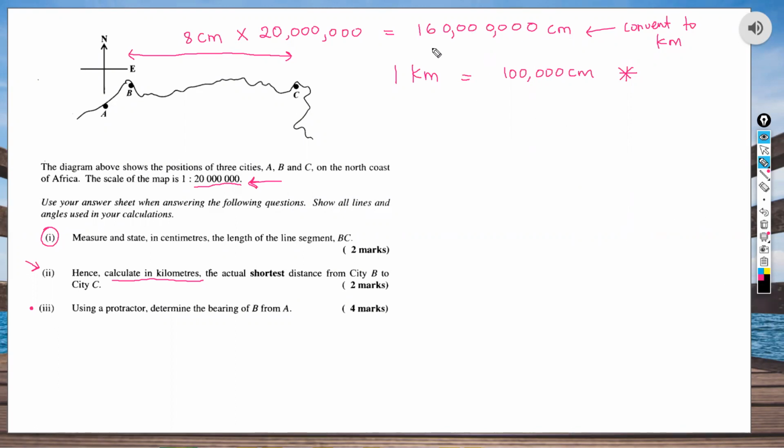We have to divide by 100,000. And when we do that, our answer will automatically come out in kilometers. So we divide, we have 3 zeros here, 3 zeros here, 2 zeros here, two zeros. The answer would be 1,600 kilometers. So that's the answer for part 2.